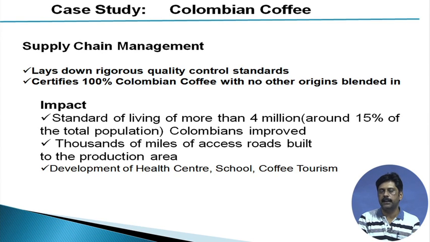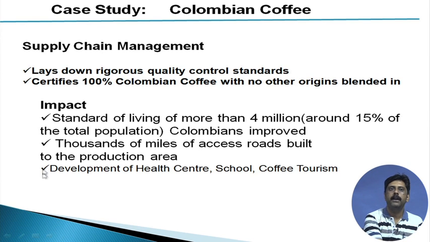So, supply chain integrity, supply chain management, is an important parameter with reference to product management, or even service management also. So, what they have done: supply chain management lays down rigorous quality control standards, certifies, and they use a certification mark for the product also. That way they maintain the supply chain management.